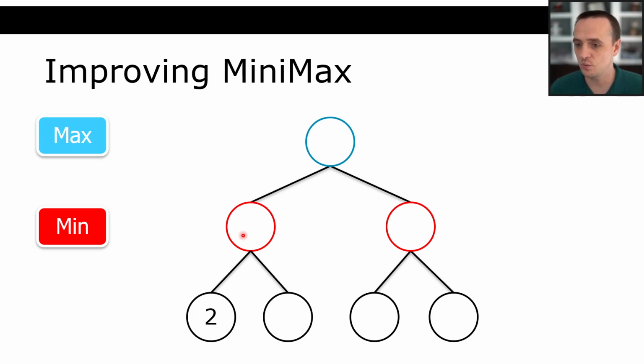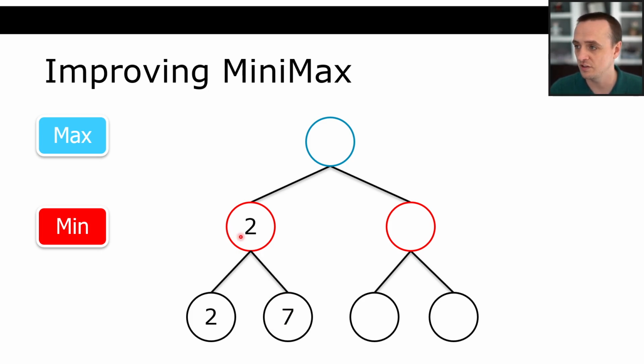The cool thing that we can say already is because this person is trying to minimize all of these nodes, that the result of this is going to be at most 2. It's going to be less than or equal to 2 because we're trying to minimize and we've already seen a 2, right?